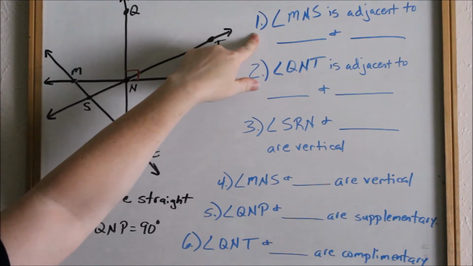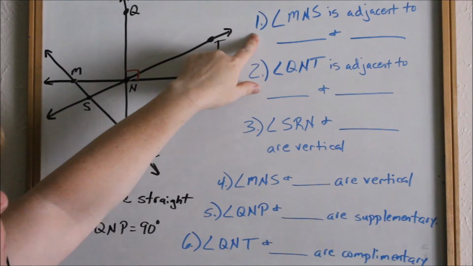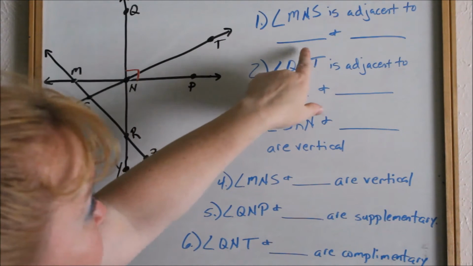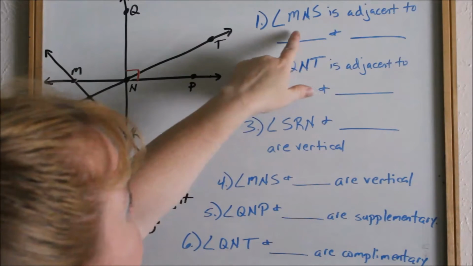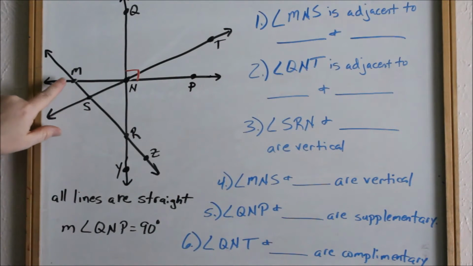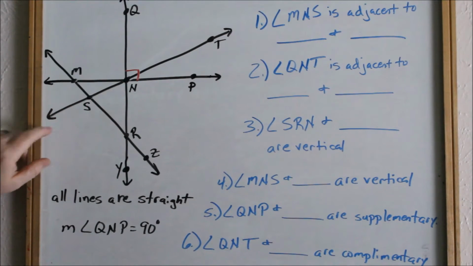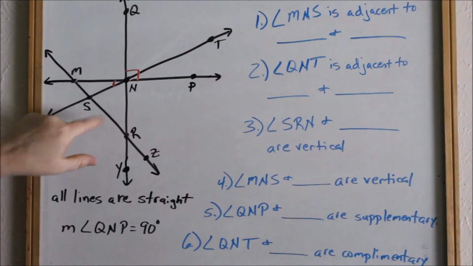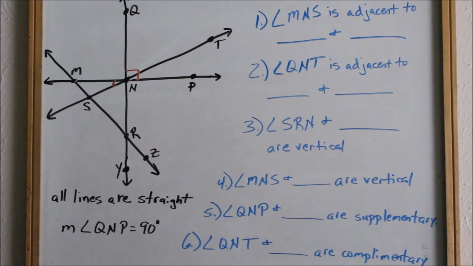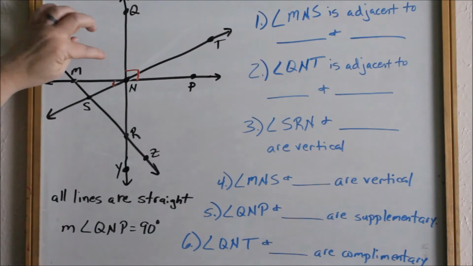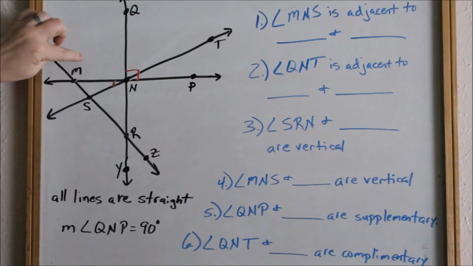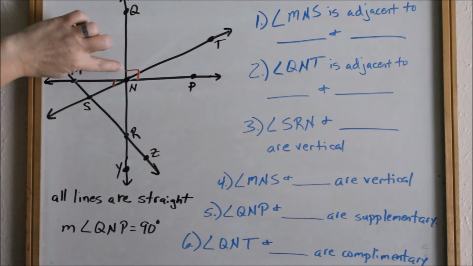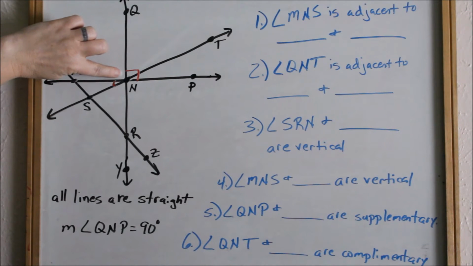Number 1 says angle MNS is adjacent to blank and blank. Okay, angle MNS. So we're looking at this angle where the red arc is. We want to name 2 angles that are next to this angle. Well, this angle right here, QNP, that would be right here, is next to that angle.